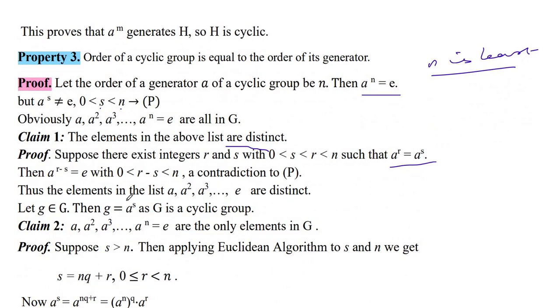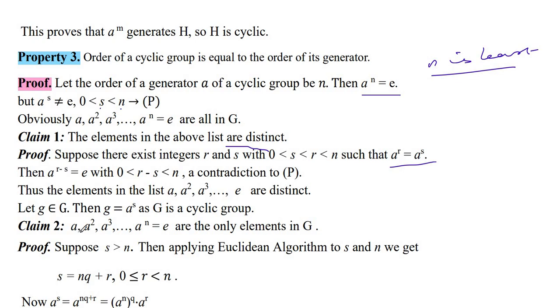Now our ultimate aim is to show that the order of a cyclic group is equal to the order of its generator. So we consider g to be an arbitrary element in capital G, and we can write g as a^s, as G is a cyclic group.